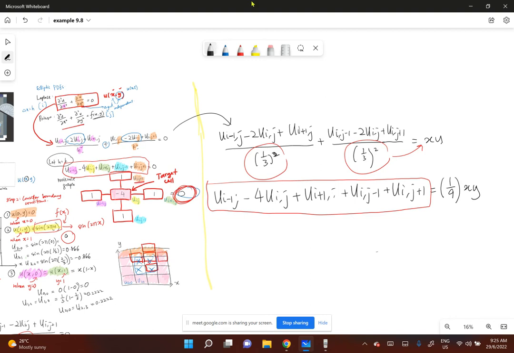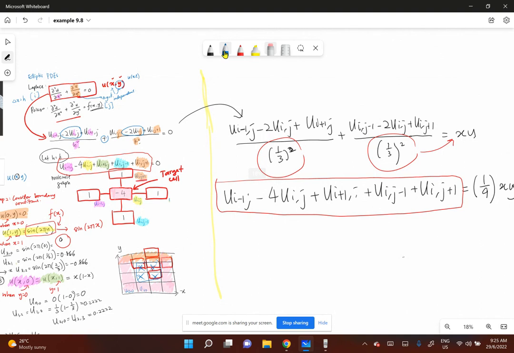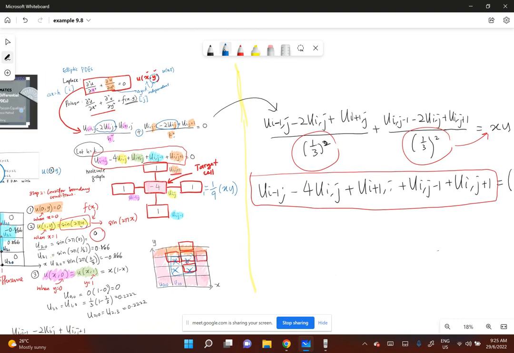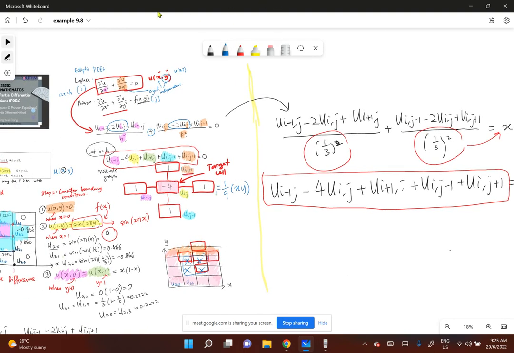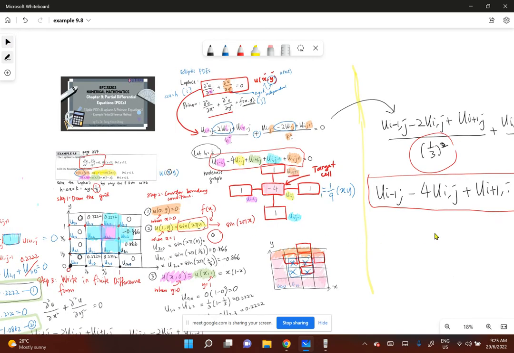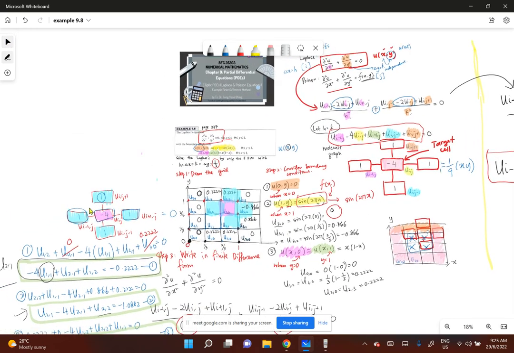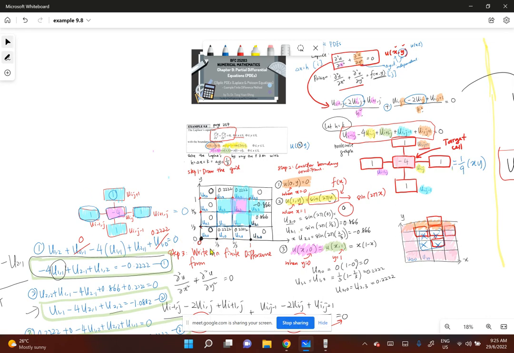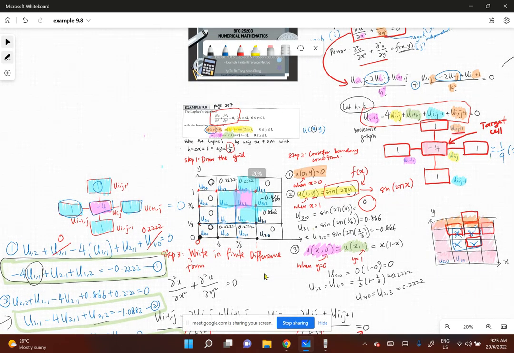So the molecule graph here is the same. So just use the same molecule graph, only it is equal to 1 over 9 xy. Okay, so we plug this into the grid, this grid here, using the same molecule graph.